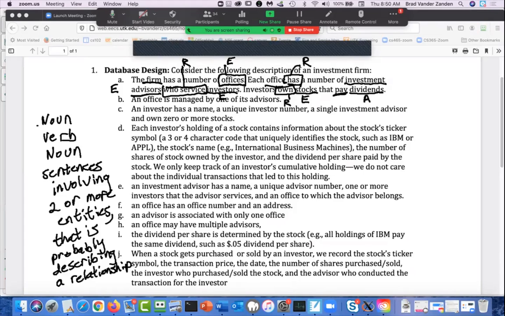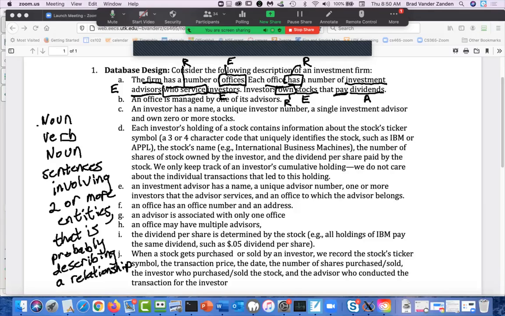And you would be right. But in this case, a dividend doesn't really have that kind of physical substance to it. It is just this thing that gets paid out by a stock. So it's not really an entity. It is better modeled as an attribute.